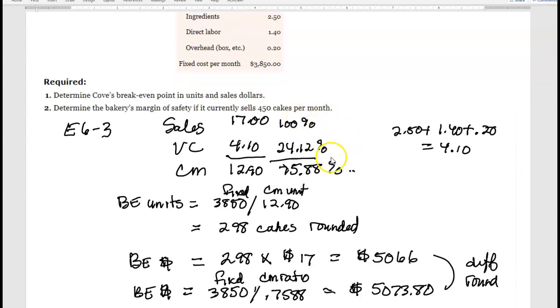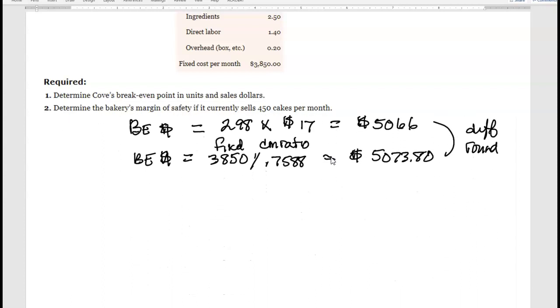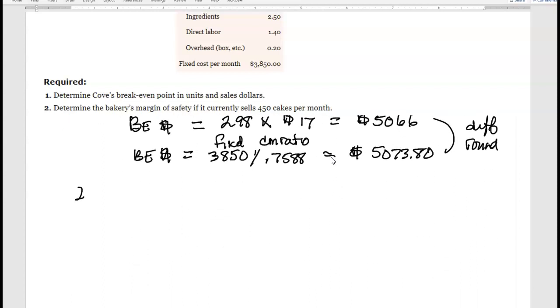Determine the bakery's margin of safety if it currently sells 450 cakes a month. Okay. This is the second part. Margin of safety is equal to current sales minus break-even sales.